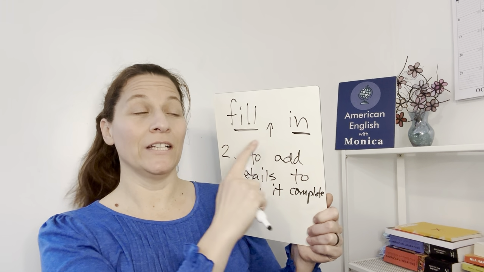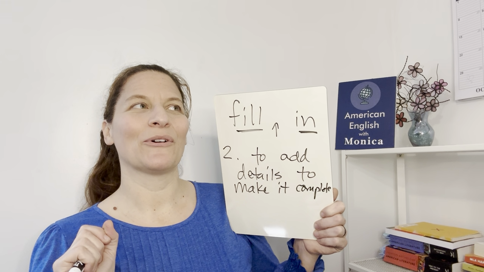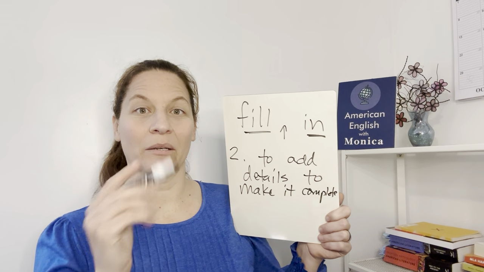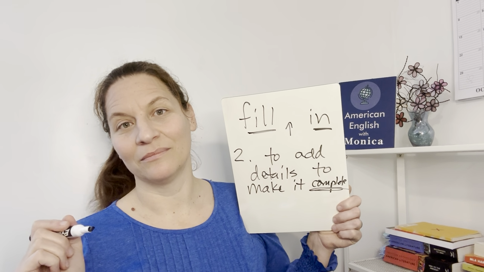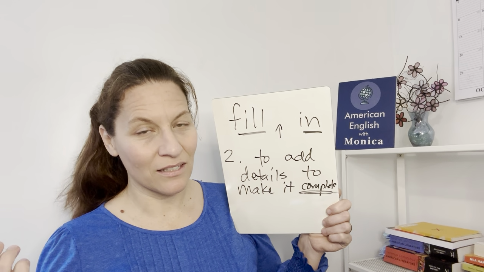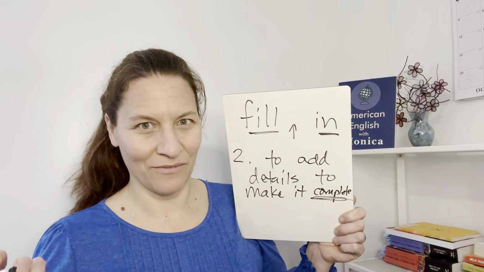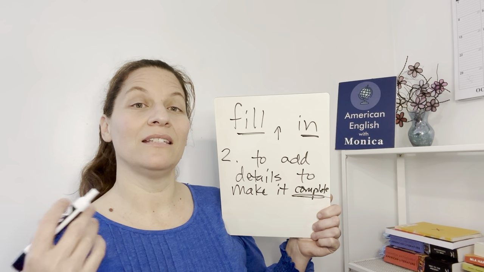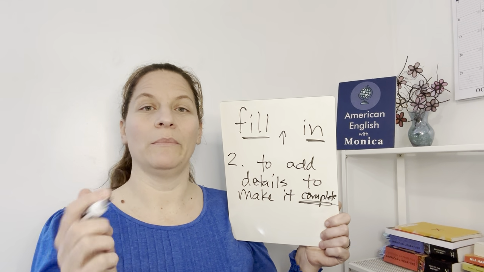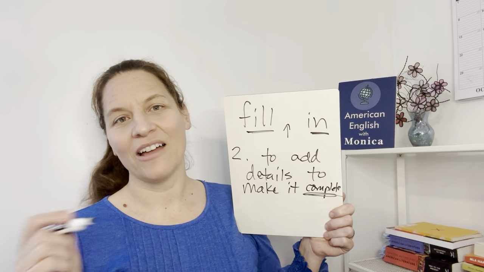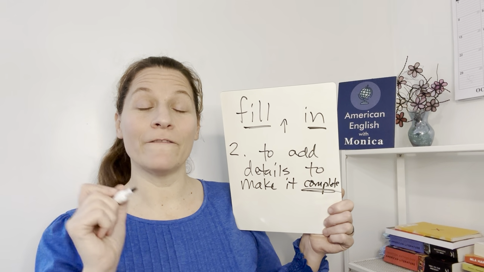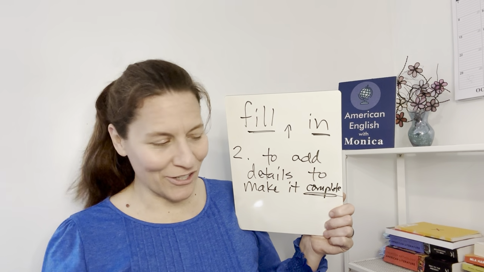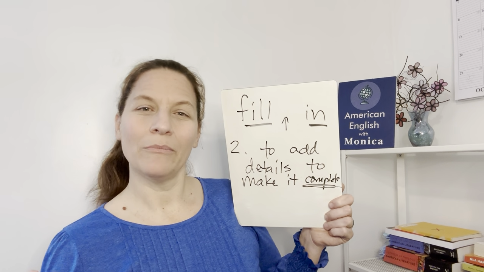We use fill in for another reason, and that's when we are completing a form, an important document, an application. You need to fill in the details about you, maybe your name, your address, your date of birth. You might have to fill in a form or an application or a document to make it complete.